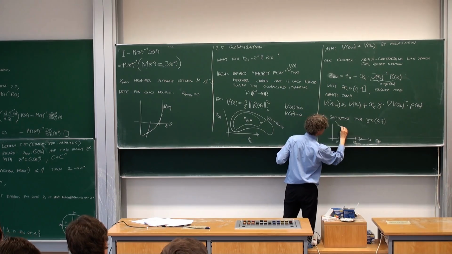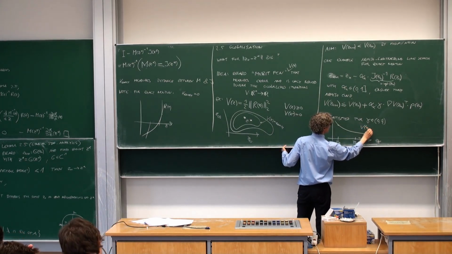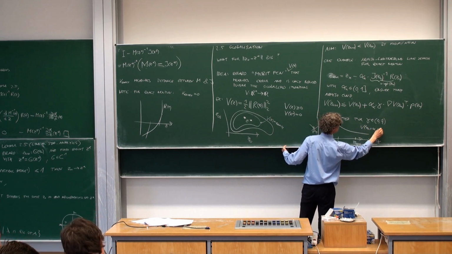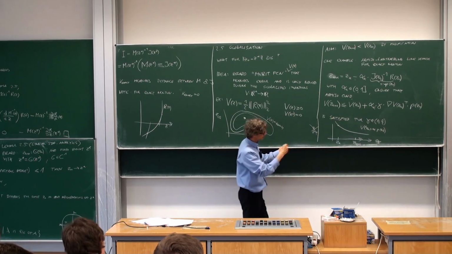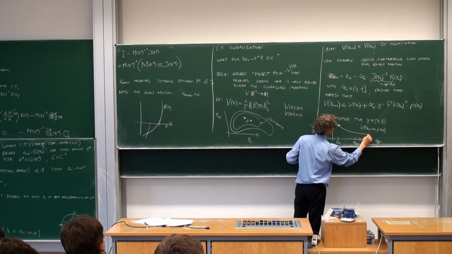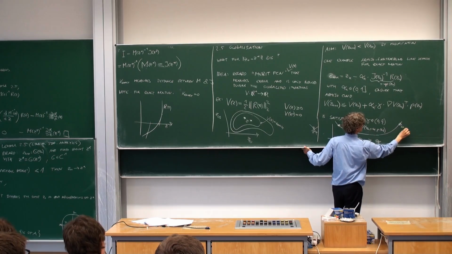Now this would be my function v of zk plus alpha times p of zk. If I can evaluate my function at alpha equals 0, I could also evaluate it at some point, maybe here alpha equals 1.